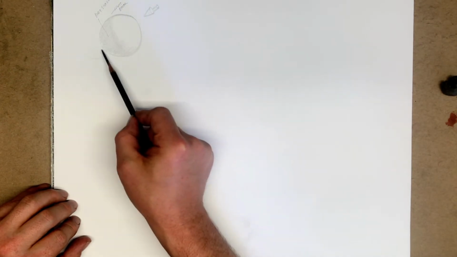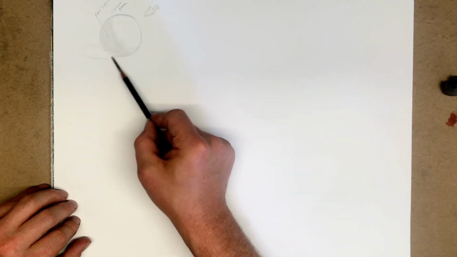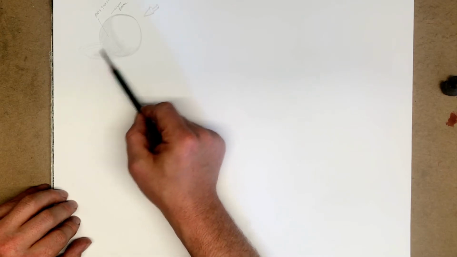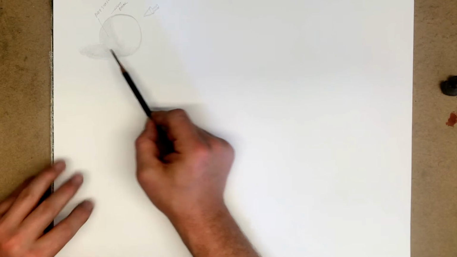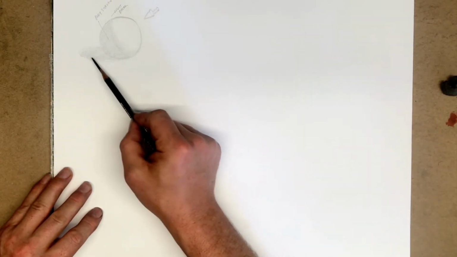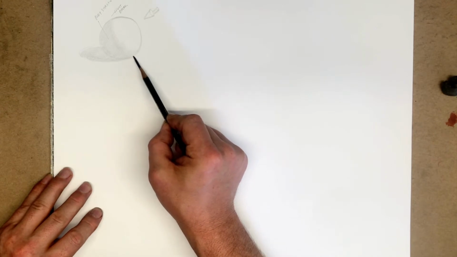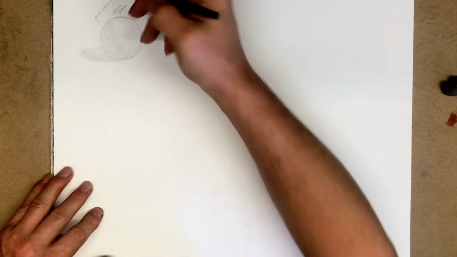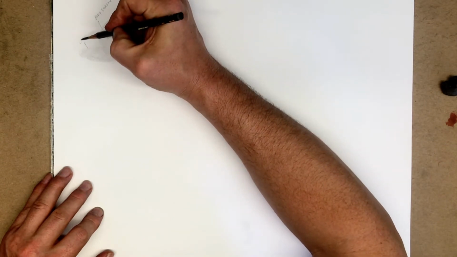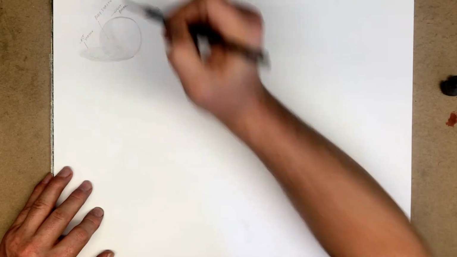So the cast shadow on this sphere might run here somewhere. You might see a little tiny bit of cast shadow here as well. This is called a cast shadow.